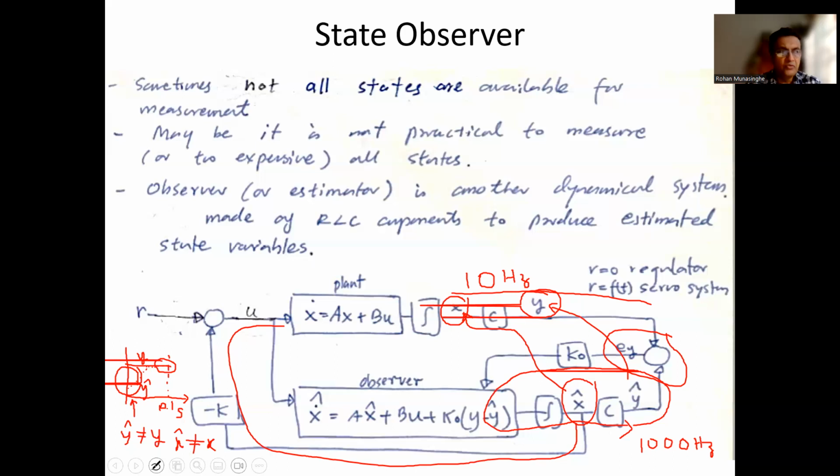You are feeding back not the correct states. So for the observer-based controller to perform better, you have to make sure that the observer plant operates 100 times faster than the main loop.